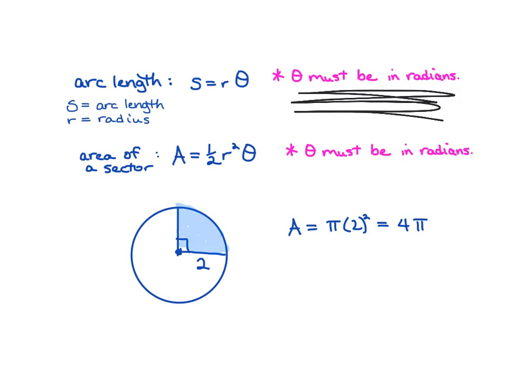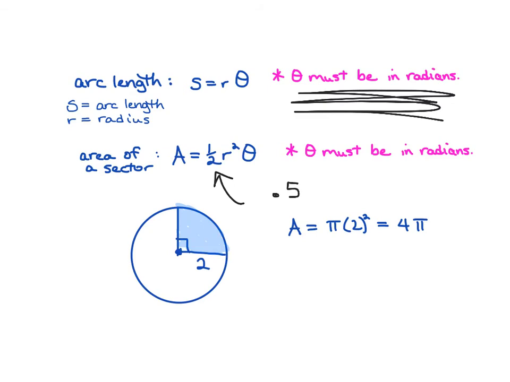The formula for area of a sector is A is equal to 1/2 radius squared times theta. Again, theta needs to be in radians. So if it's given to you in degrees, you must convert it to radians. Now, when you're doing the formula, if you'd rather, instead of multiplying it by 1/2, you could change that 1/2 to 0.5.